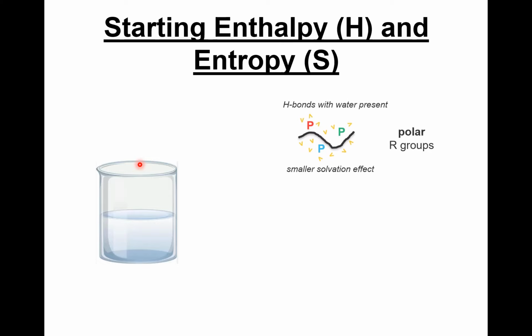Let's start with the polar peptide. Both peptides, to be comparable, would have the same number of amino acids, with the difference just being that this peptide has polar R groups and the other has non-polar R groups. So what would be the starting enthalpy and entropy in this case?